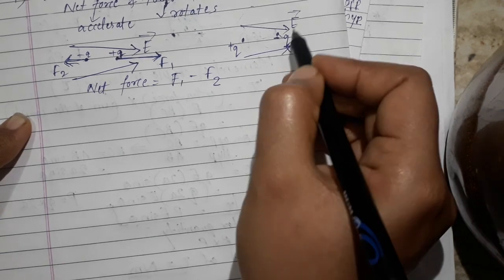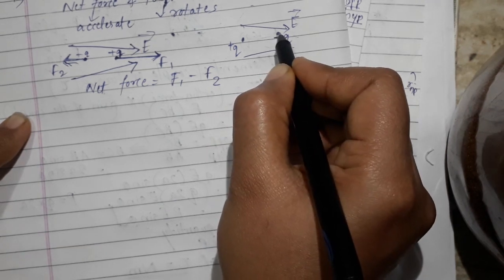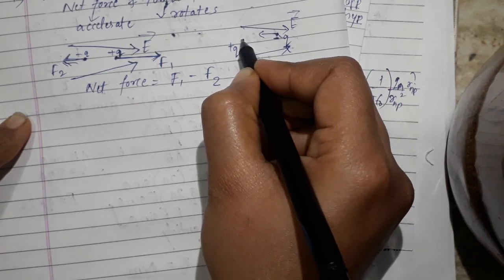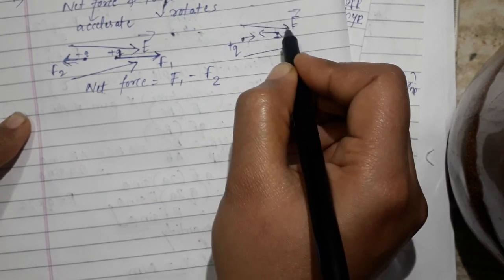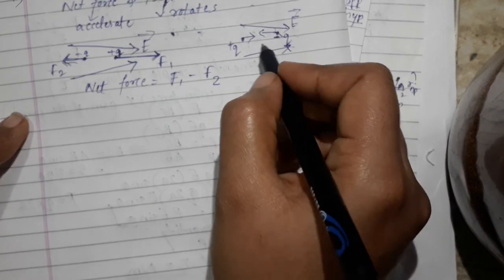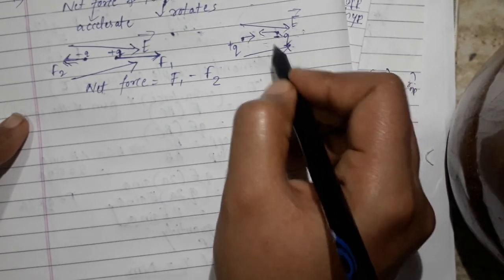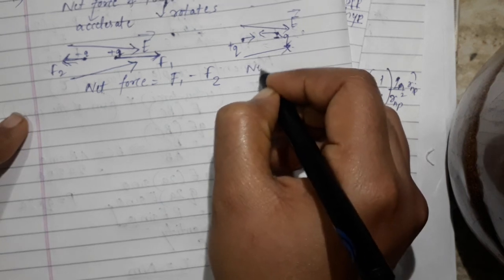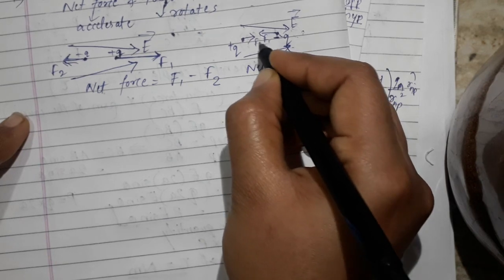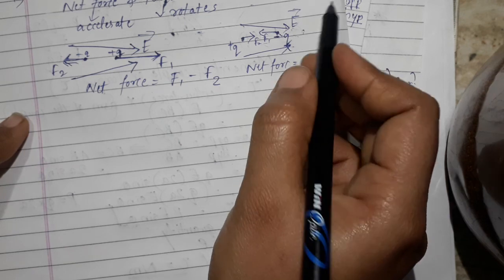You know that minus Q will move opposite to the electric field lines, so it will not move in this direction, it will move opposite to it, while plus Q always moves along the electric field lines. The plus Q charge is in the weaker field, hence minus Q experiences a greater electric force. So the net force is again F1 minus F2. The dipole moves in the direction opposite to E.